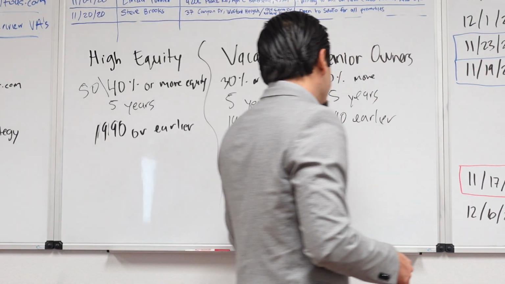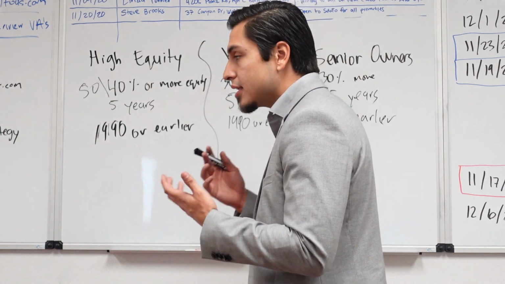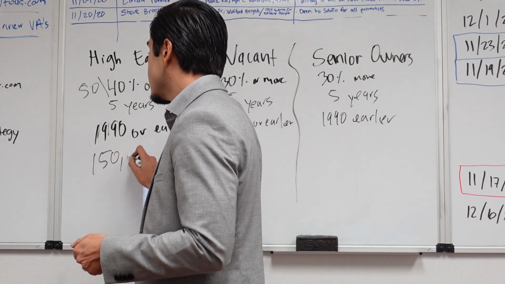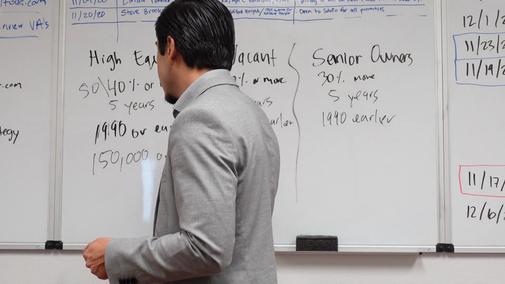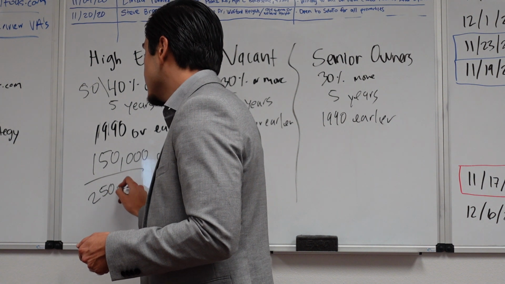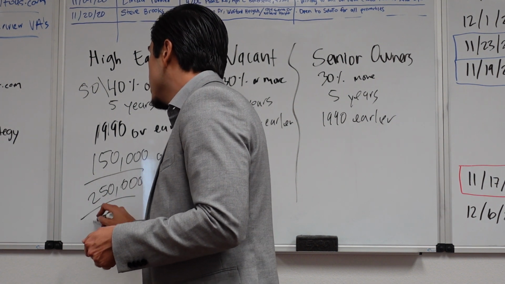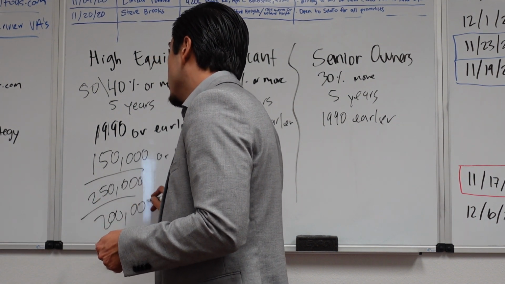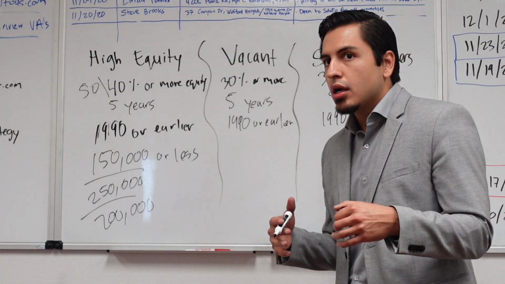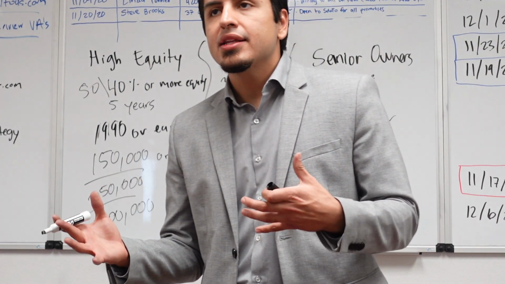Let me see. For high equity, since it's such a big list, I like to go for properties 150,000 or less. You could even go 250,000 or even 200,000 or less, depending on the results, depending on how big the filter is.